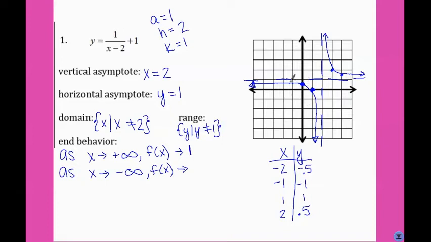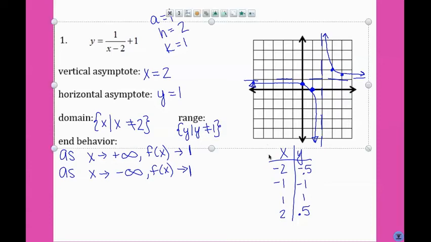This end is going towards, same thing, it's also going towards 1. These numbers should match up with your horizontal asymptote. So now let's look at an example where a does not equal 1.